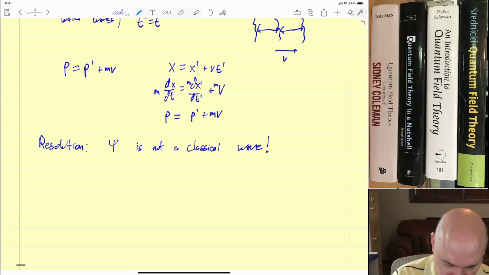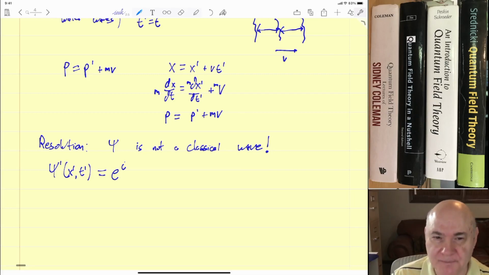So let's take psi prime of x prime, comma t prime. We've already established that it's equal to e to the i... Okay, let's take, sorry about that, thinking ahead. Let's take a free particle.